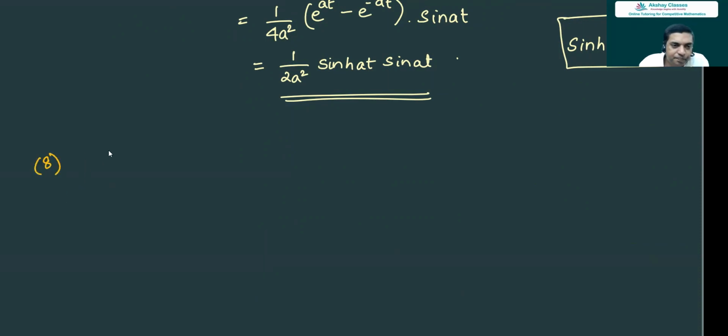So find the inverse transform of 5s plus 3 upon s cube plus s square plus 3s minus 5.